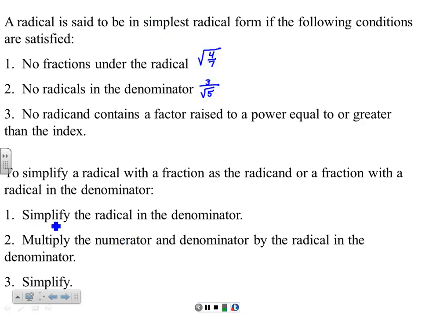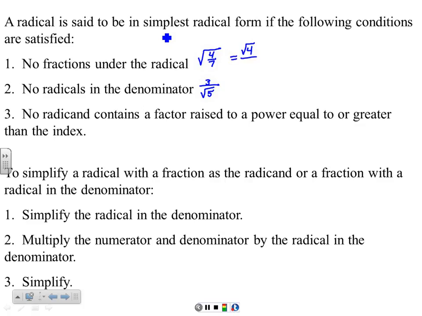The first thing, to simplify a radical with a fraction as the radicand or a fraction with a radical in the denominator, what you're going to do is simplify your radicals where you can, and then multiply the numerator and the denominator by the radical that you want to get rid of in the denominator. So, for example, let's take this very first one. I can't have a fraction underneath the radical, so what I'm going to do is split these up.